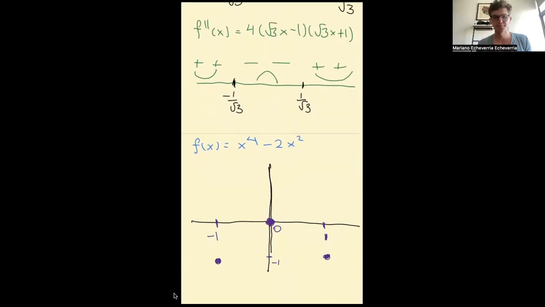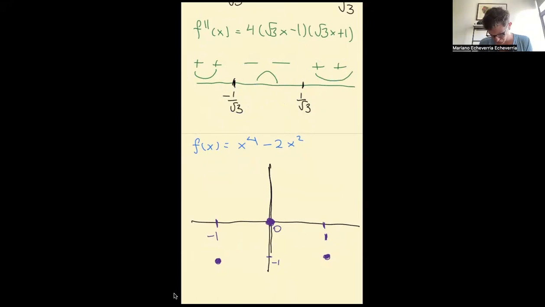And then it's also convenient to draw here the numbers where the second derivative became 0. You can draw them with different colors so that it's not confusing, because these are not critical points. These are just the points that determine the concavity, where it changes. So what is 1/√3? That's a little bit less than 1.